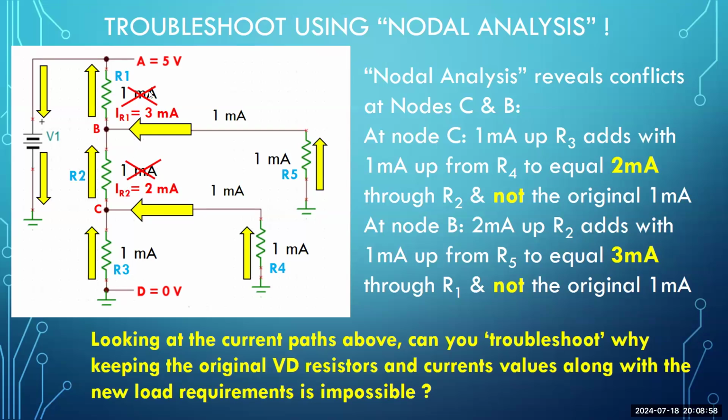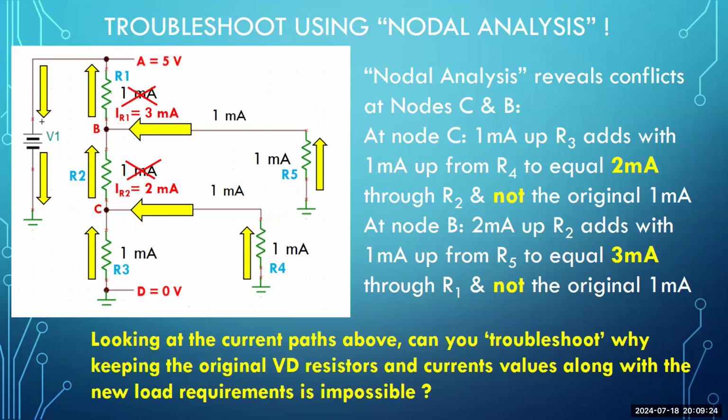We cannot keep the original 1 milliamp flowing through R1 because nodal analysis says at node B, 1 milliamp plus this 2 milliamps will equal 3 milliamps coming up out of point B up through R1 and then flowing back to the circuit. That's where our troubleshooting logic leads us so far.